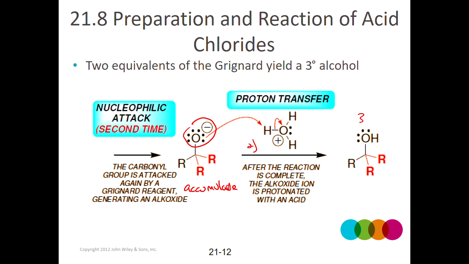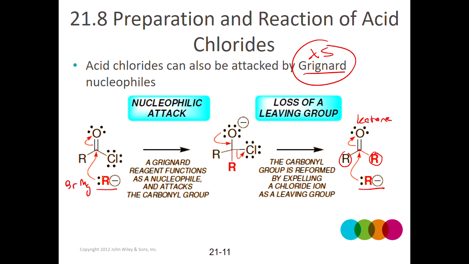So here's a way to get a tertiary alcohol, specifically a tertiary alcohol in which at least 2 of the R groups are identical. How do I know these are identical? Well, they both came in from the same Grignard reagent. If I have an acid chloride, it's got the potential to receive 2 R groups, because the first one will push out the chloride and the second one will create an addition across the pi bond.